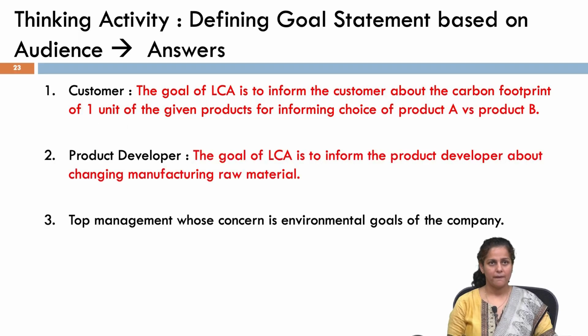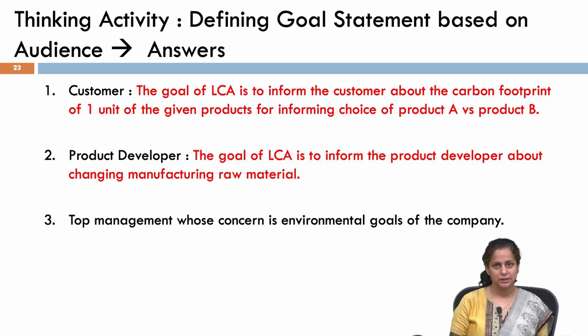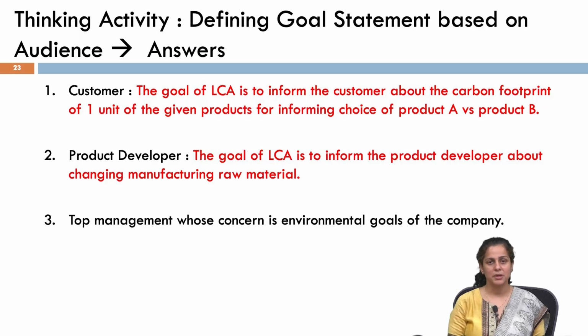Product developer: the goal of LCA in this case is to inform the product developer about changing manufacturing raw material. So, here again, your LCA should be able to highlight the differences between the impact if you change the raw material itself. Changing the raw material could not only mean that you are changing the material input, but also the upstream processes that are making that product.